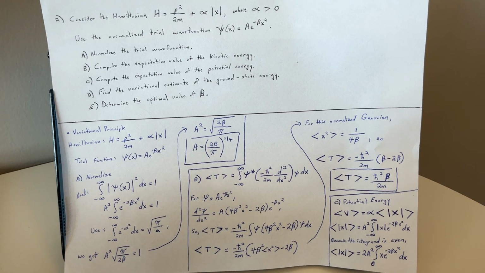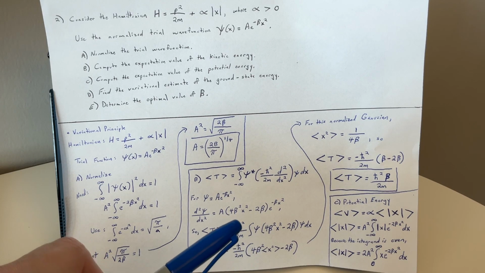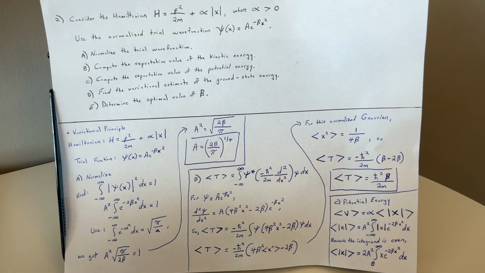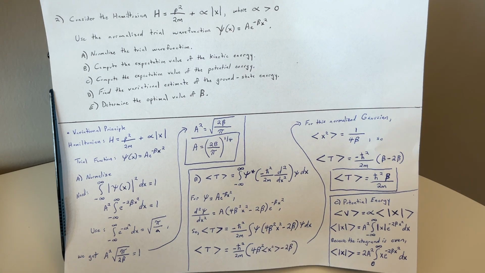So for our expectation value of T, on the outside of the integral we have negative h bar squared over 2m, integrating psi times the quantity 4 beta squared x squared minus 2 beta, psi dx.